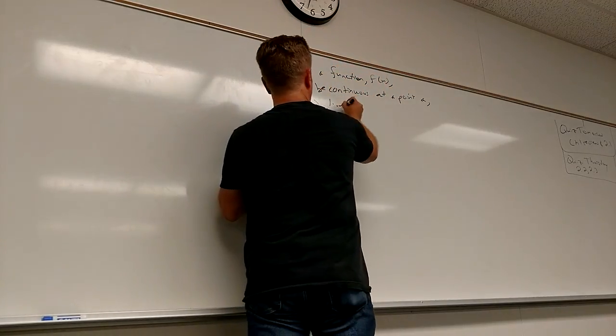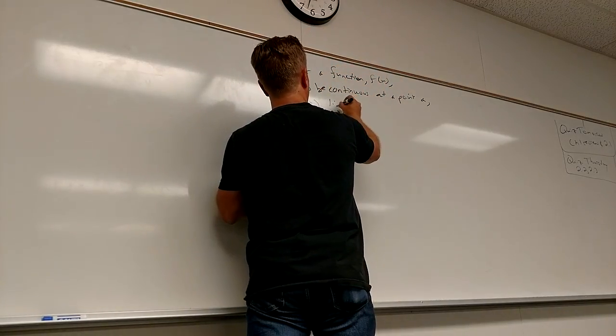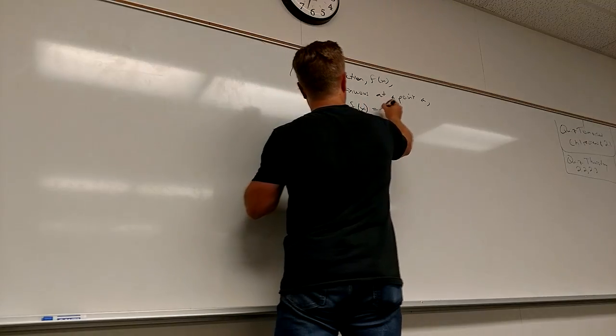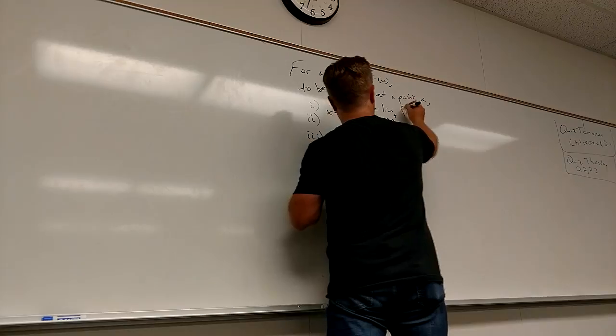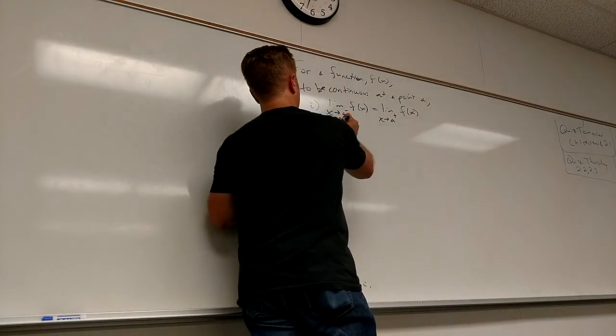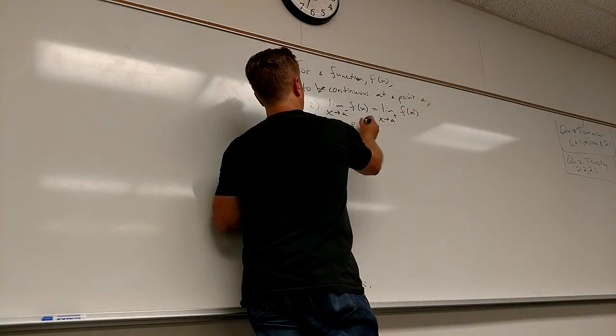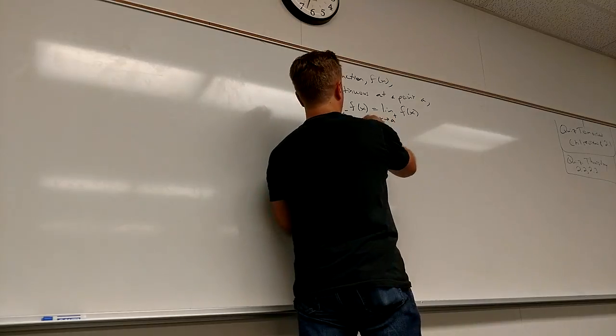So the limit as x goes to a of f of x from below has to equal the limit as x goes to a from above.